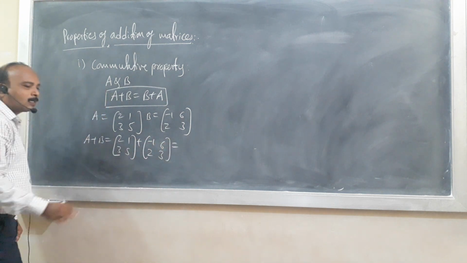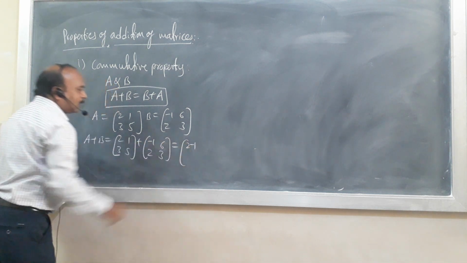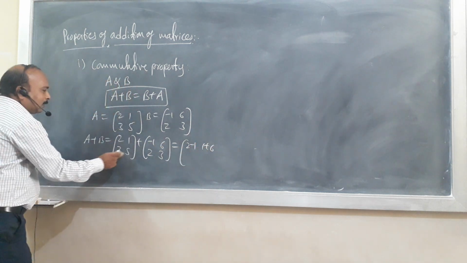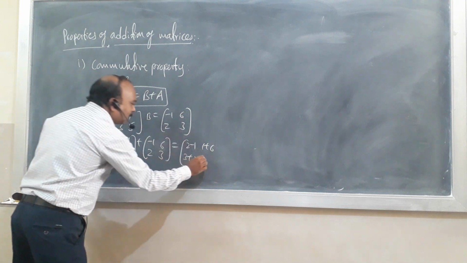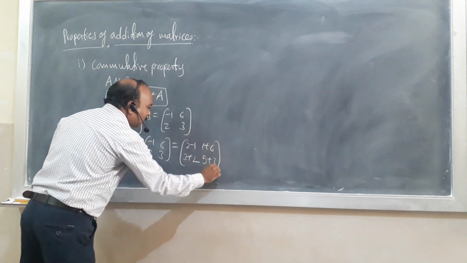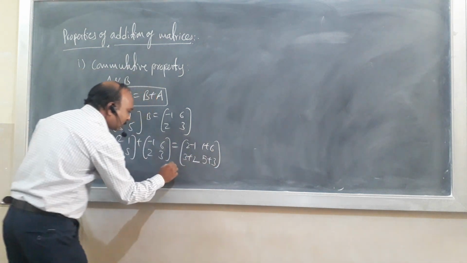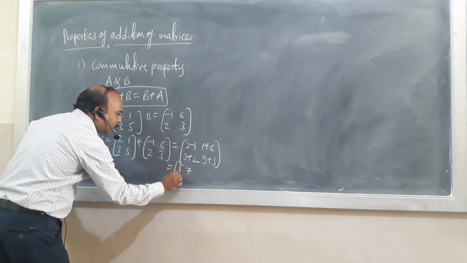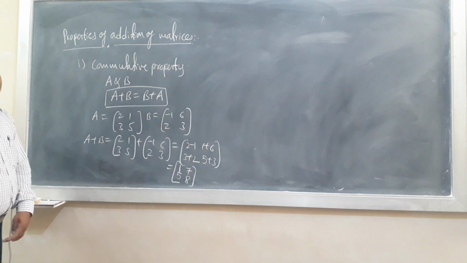Then you get the answer: 2 plus minus 1, that is 2 minus 1, 1 plus 6, 3 plus 2, and 5 plus 3. We are adding corresponding elements. Here you get the answer 1 7 5 8. It is the matrix A plus B.